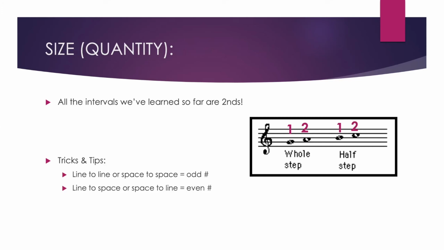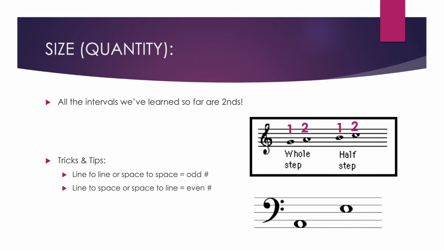I've got some tricks for you. You will notice that whenever the two notes are a line to a line, or a space to a space, the number will be odd. Think back to our example of the fifth. It's a space to a space. 5 is an odd number. And then you can think back to all the seconds, the whole and half steps you've studied.